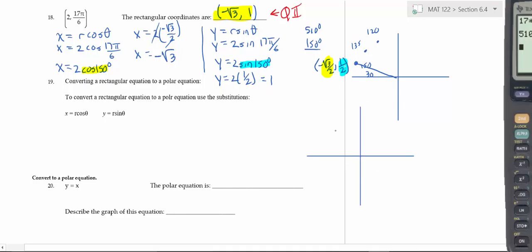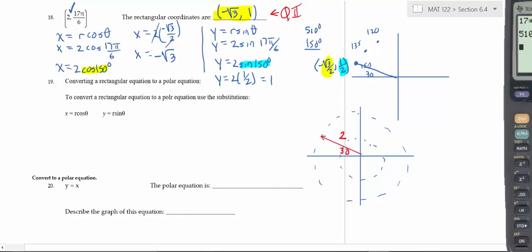Basically you have a radius of 2, so on your polar graph you're out to the second circle. You have a radius of 2, right?